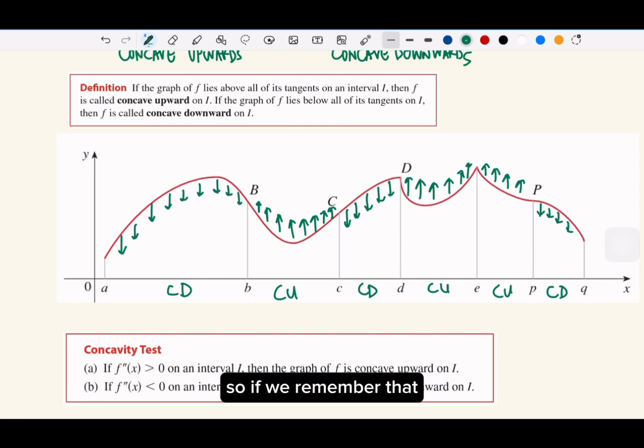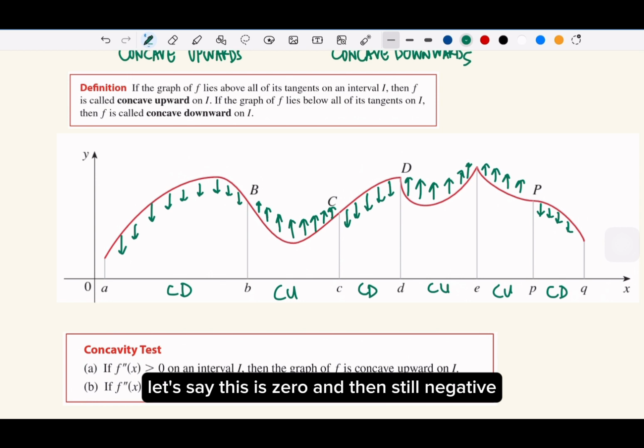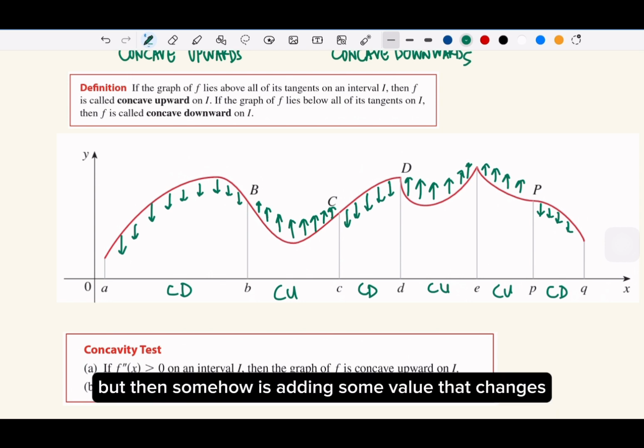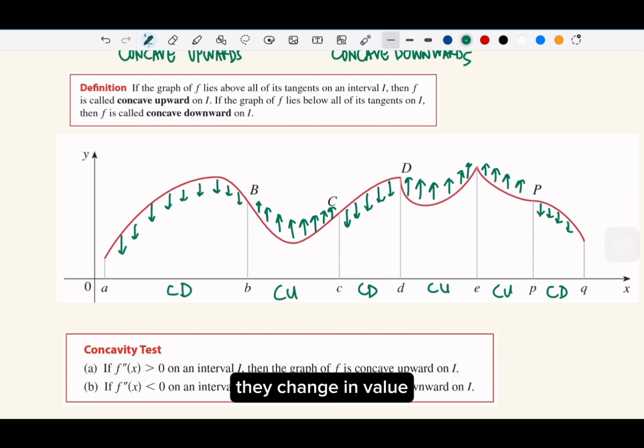If we remember, for example, this point B and point C, if we just take the slope, and then after here, let's say this is 0, and then it's going negative, negative, negative, but then somehow it's adding some value. That change, we call an inflection point.